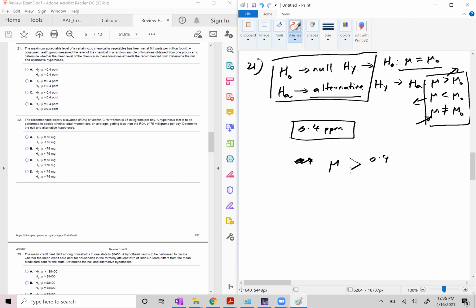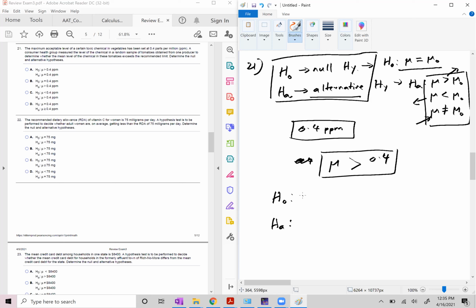It's not consumable for people, right? You have to discard all of those tomatoes and make the production again, right? So this is new news, right? Always this thing that you are testing goes to the alternative, right? So the null and the alternative here are going to be this.